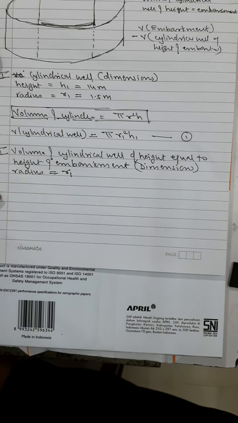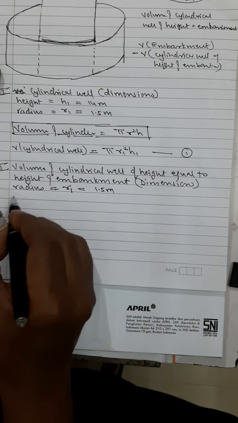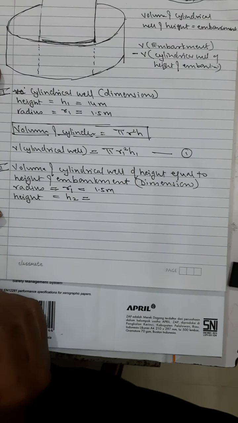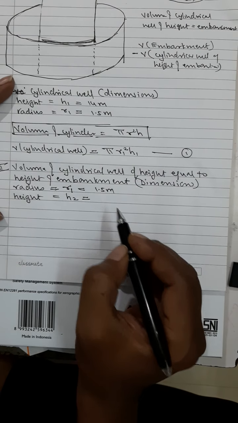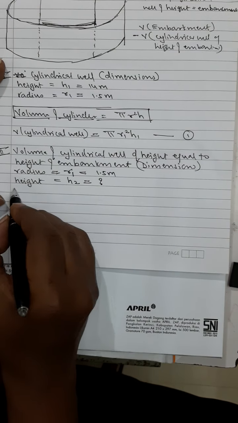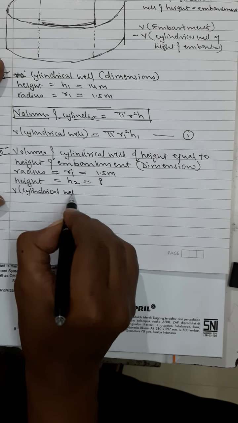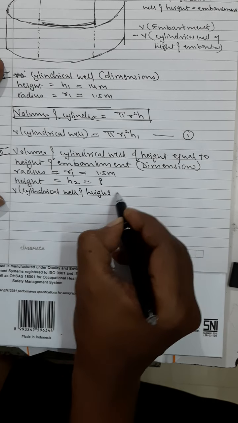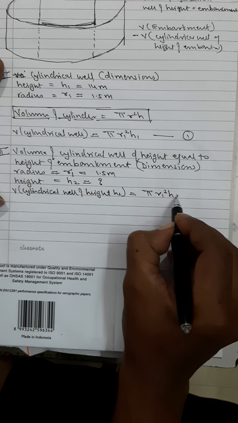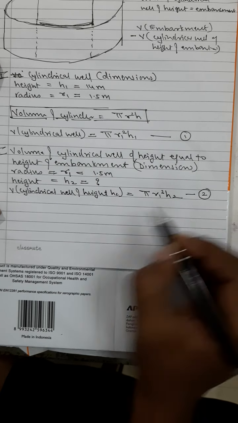This radius and this radius will be same because it is the radius of the same well, equal to 1.5 meter. But when it comes to height, this will be different. This will be equal to the height of the embankment, which we don't know. Fine. So now volume of cylindrical well of height h2 will be equal to pi r1 square h2. So this is your second part.